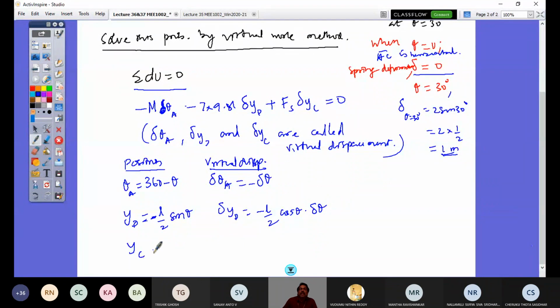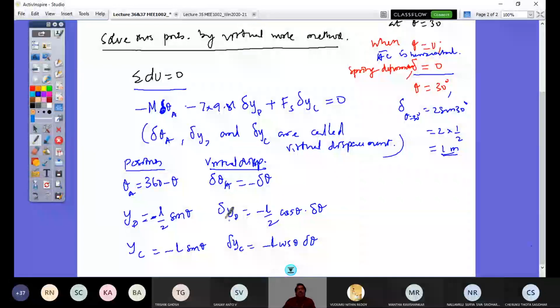So delta YC would be minus L cos theta delta theta. So that is all. So now I can substitute this virtual displacement in this expression of the virtual work principle equation 1, and I would be able to solve for the unknown.